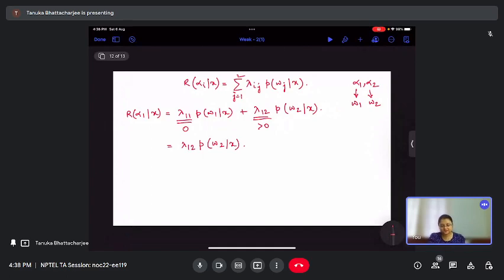Similarly, we can compute the risk of alpha 2 given x as lambda 2 1 into probability of omega 1 given x plus lambda 2 2 into probability of omega 2 given x, following this general expression. Here also lambda 2 2 is basically 0 and lambda 2 1 is non-zero. So our expression will become lambda 2 1 into probability of omega 1 given x.